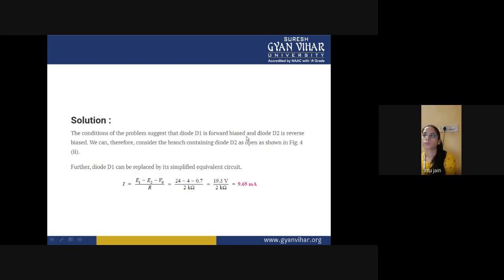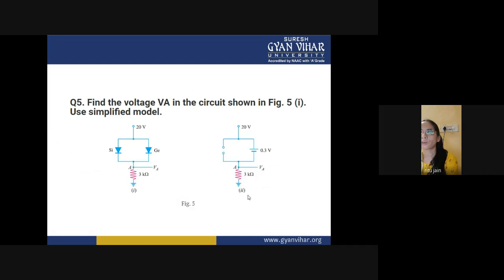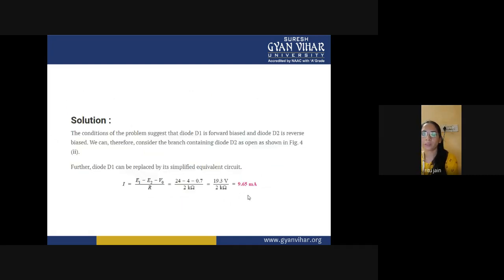So you can see that I is equal to E1 minus E2 minus V naught upon R, which is equal to 24 minus 4 minus 0.7 divided by 2 kilo ohm, which is equal to 19.3 upon 2 kilo ohm, which is equal to 9.65 milliamp. So this is the solution of this numerical.